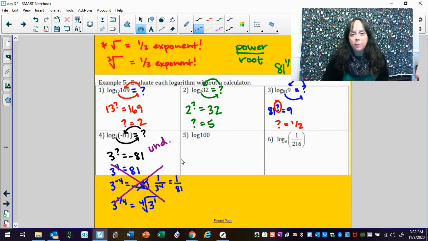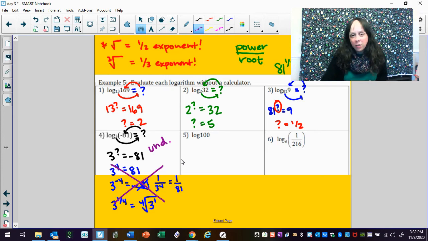It does not work. You can never take a positive base, raise it to a power, and get a negative answer. It's not possible. Okay? There's so many things I could tell you about that, how it connects to the graph and the range of the graph, but we don't have time for all that, so I need to settle down. But this guy is undefined.